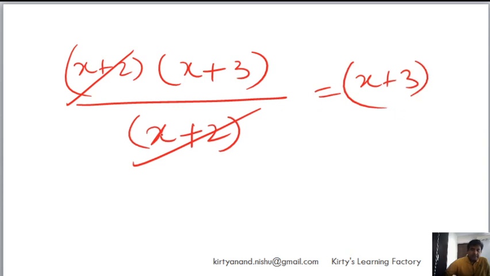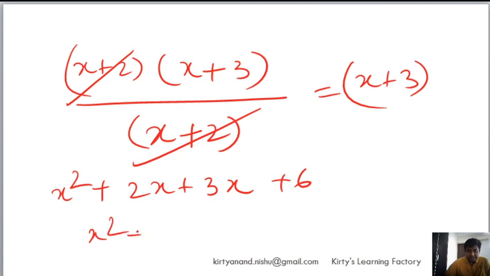So my actual question would be x square plus 2x plus 3x plus 6, which basically is x square plus 5x plus 6. You divide it by x plus 2.